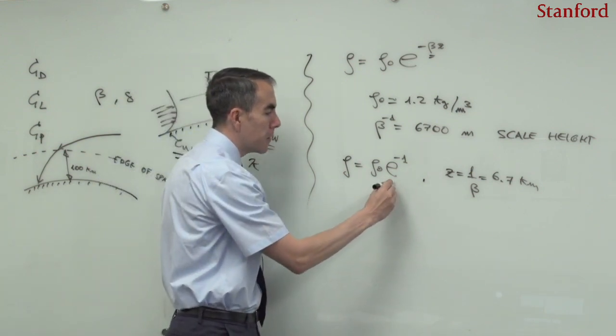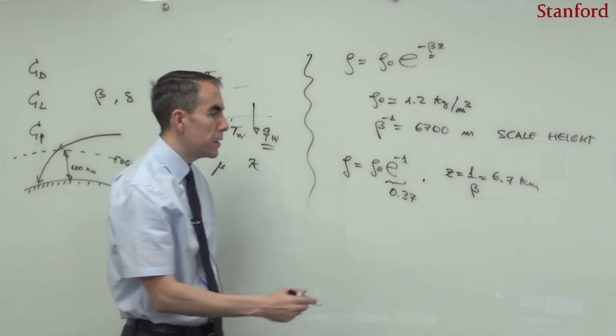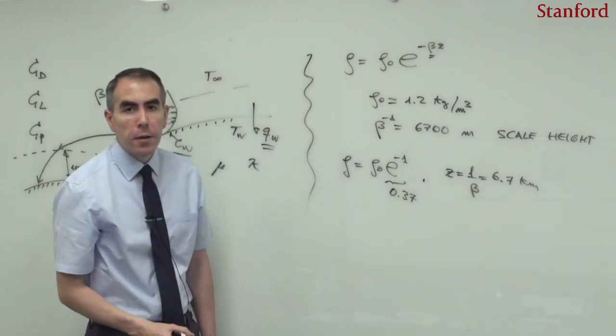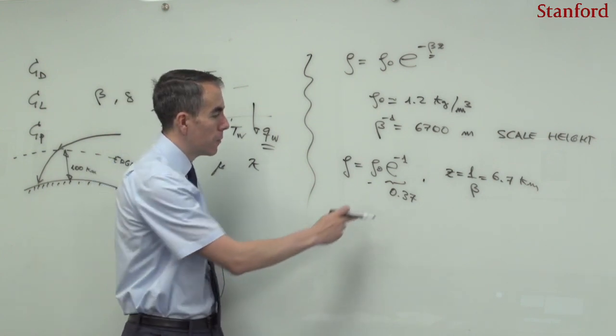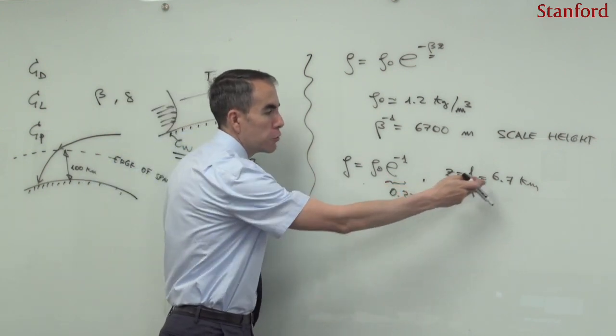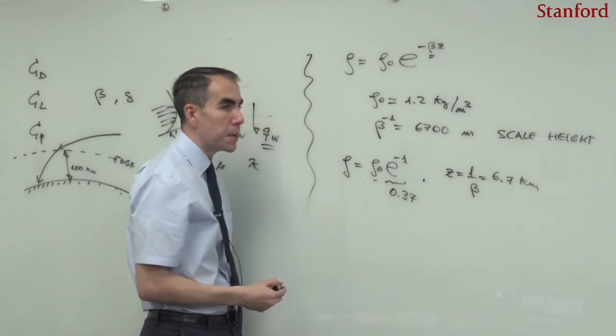This number is about 0.37, which means that at 6.7 kilometers, the density has already decreased by 63%. And at altitudes larger than 6.7 kilometers, the decrease is even larger.